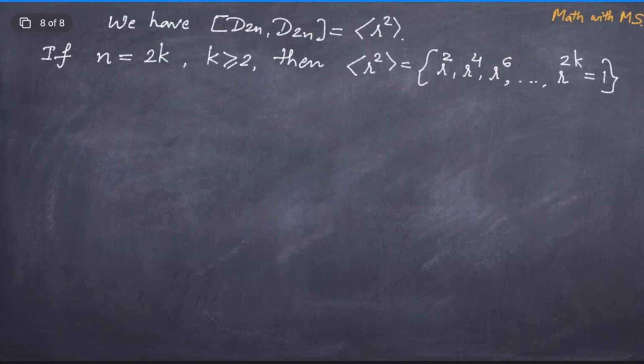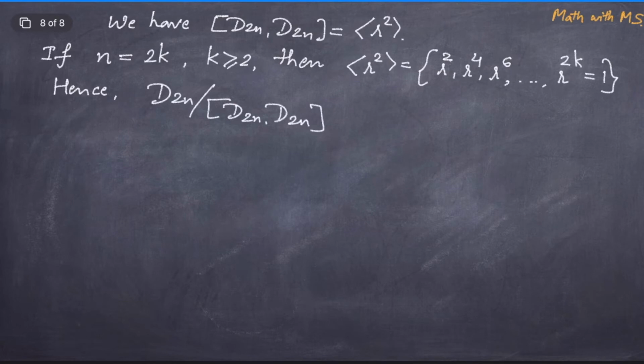Hence, the abelianization D2n modulo the commutator subgroup of D2n in this case is isomorphic to the group generated by the coset of S, which we denote by S bar, and notice that R does not lie in the subgroup generated by R square. So, R will survive and R will give you a non-trivial representative in the quotient.